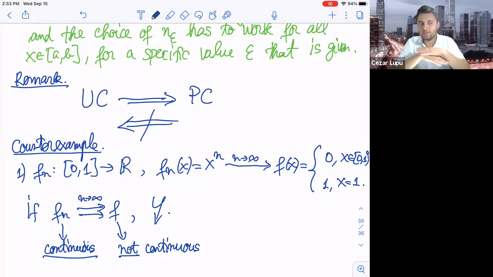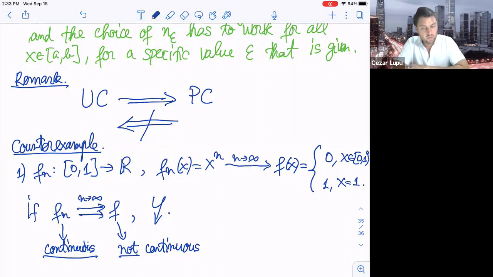But I need these notions because I will use them in problems. And in fact, I would like to see how uniform convergence will behave towards passing to the limit inside an integral. So this is what I want to get to.